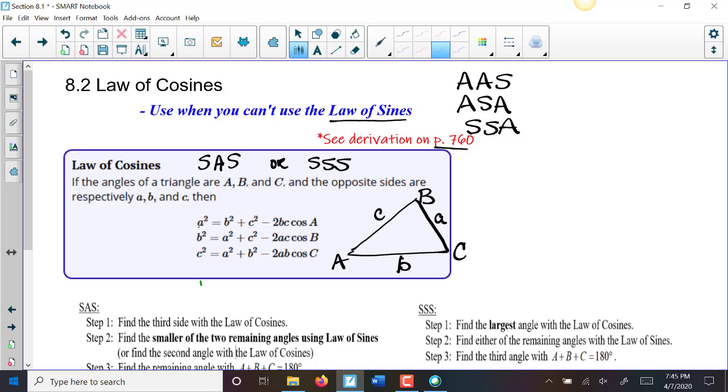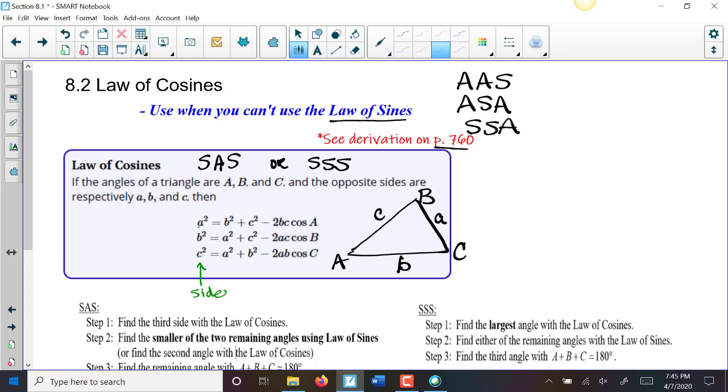Out here on the left side, each equation is solved for a, b, or c squared. So if you're using the law of cosines to find a side, you're going to choose which of these you're trying to find. Are you trying to find a, b, or c?